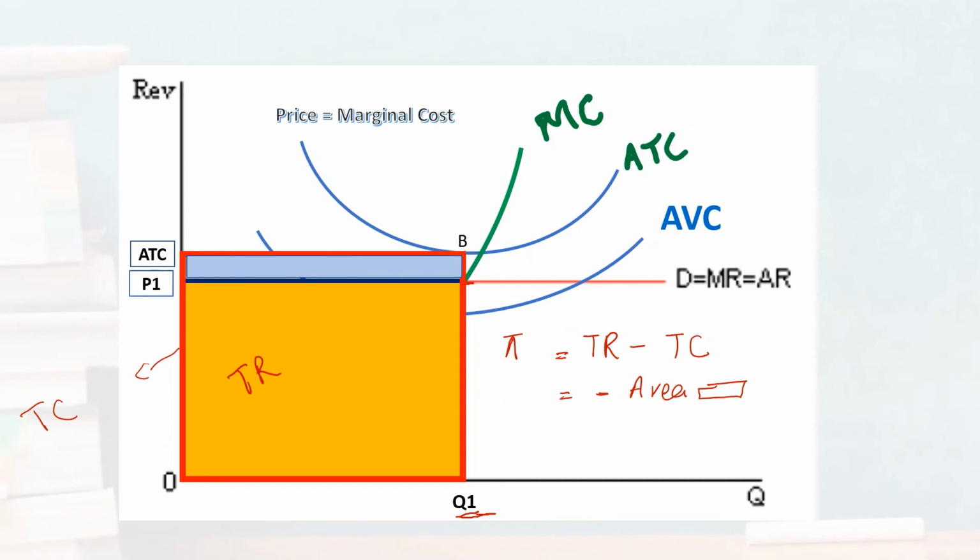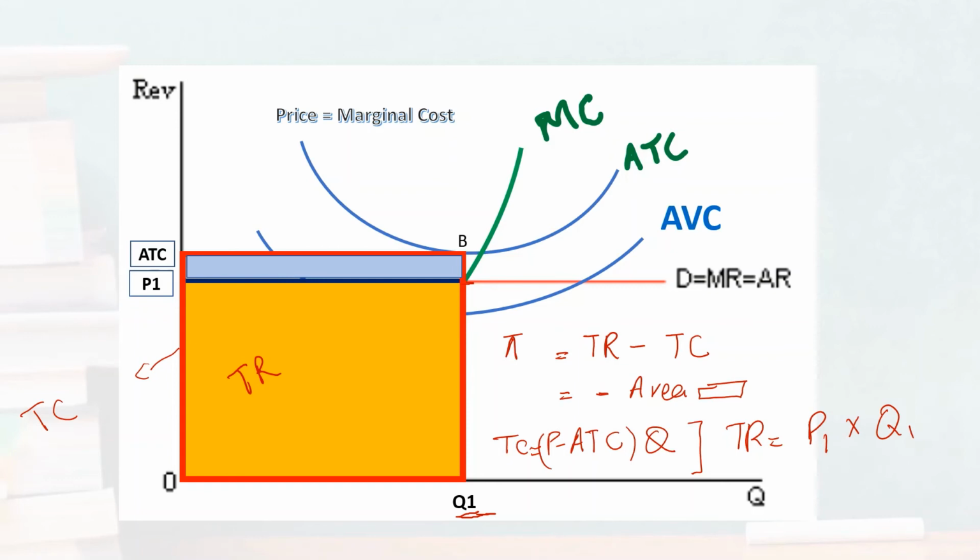Basically, we can say that profit is equal to P minus average total cost into Q. On the other hand, total revenue is just equal to the product of price and quantity Q1.